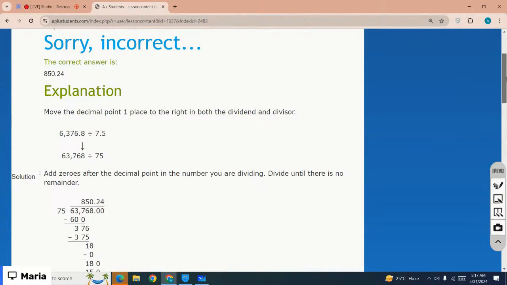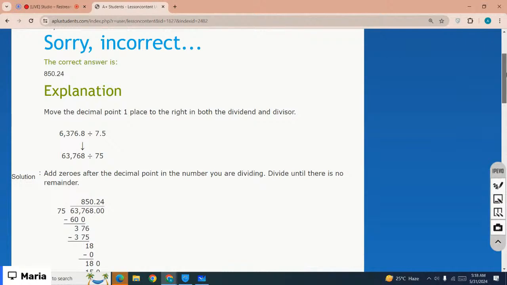Both the numbers have one decimal place, right? So you need to move the decimal point one place right in both the numbers. Now they are 63,768 divided by 75.